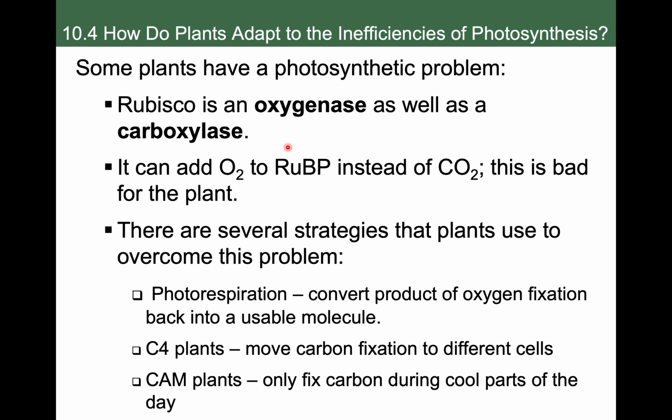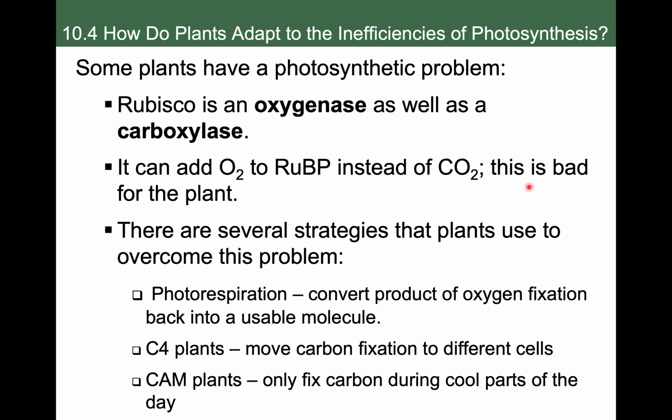And so what will happen is, in this situation, if there's a lot of oxygen and very little carbon dioxide, that rubisco enzyme will start fixing oxygen instead of CO2 in the Calvin cycle. And bottom line, this is not good for the plant. So it's going to produce these toxic compounds that are not going to be healthy for long-term survival of the plant.